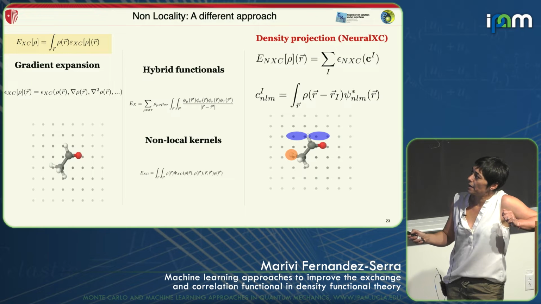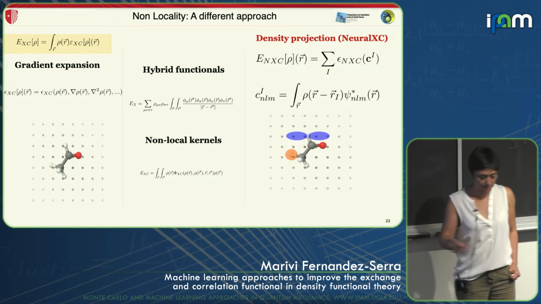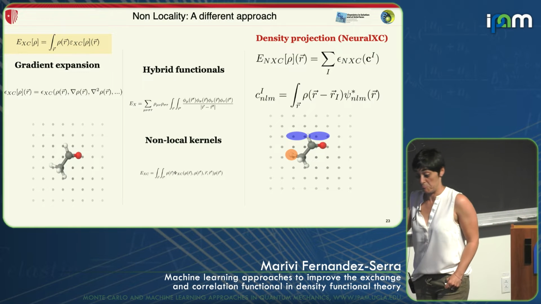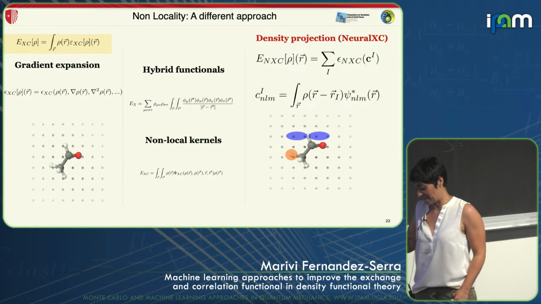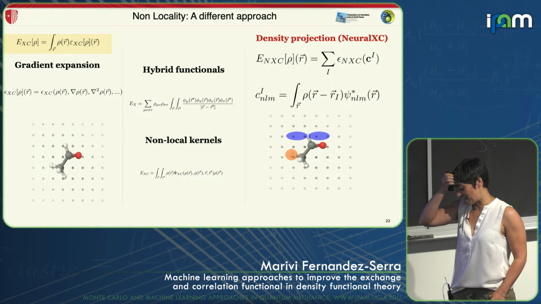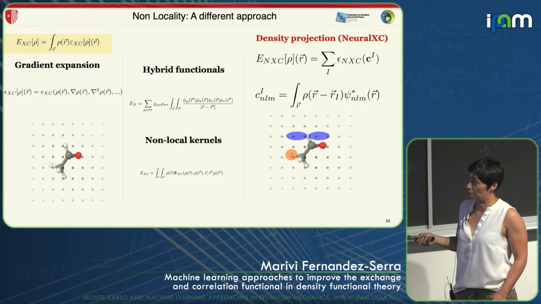And instead, we're going to take a density, a baseline density, which already contains a lot of the physics. I will say that this density probably takes you already as far as 95% of the correct energy.